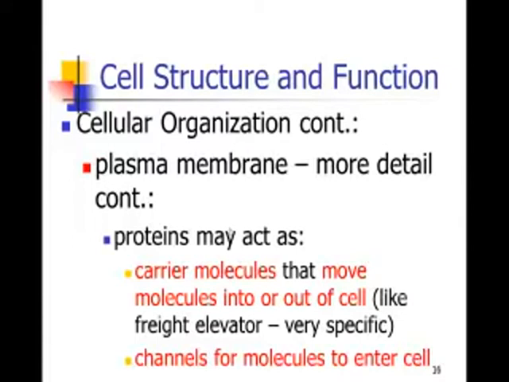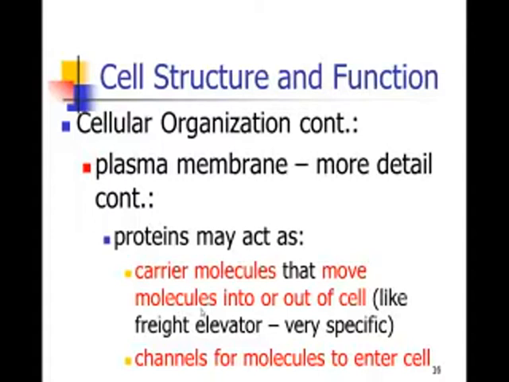Some of these proteins also act as channels. And the analogy of a channel is sort of like a pore or a doorway between two rooms. And if the door is open, and by the way, these channels may be open sometimes and not at other times, if the channel is open, then the molecules or ions can go into or out of the cell through that opening.